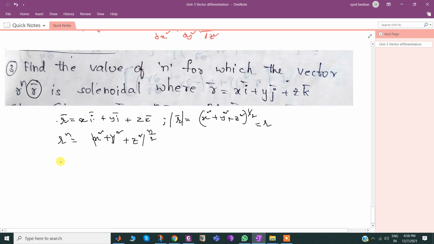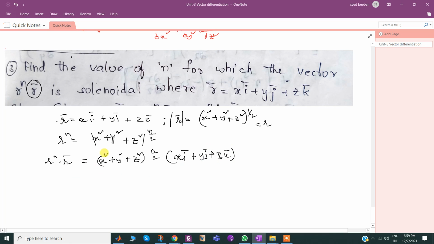Now r power n times r bar equals x squared plus y squared plus z squared whole power n by 2 times x i bar plus y j bar plus z k bar.